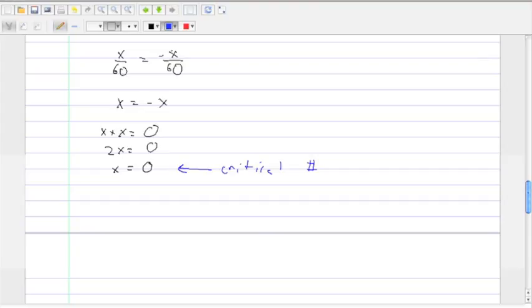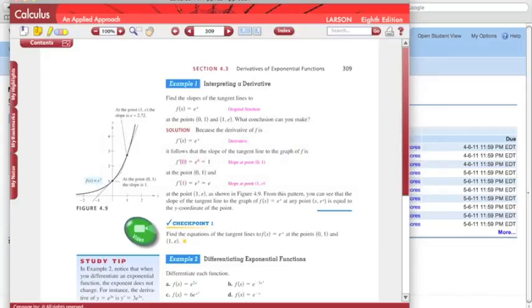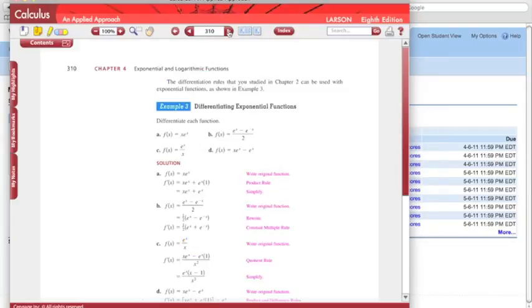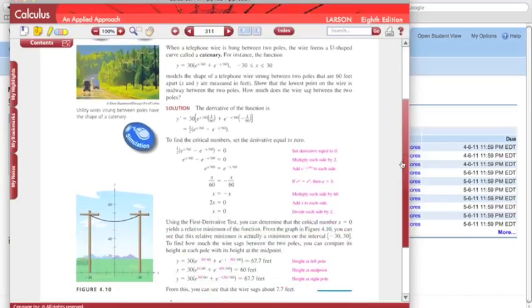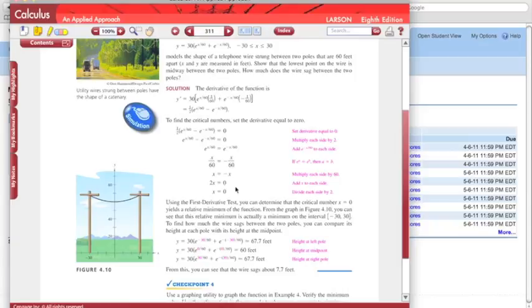So if we want to find the lowest point of this function, again, our height is modeled by our y, where this is what we're evaluating.